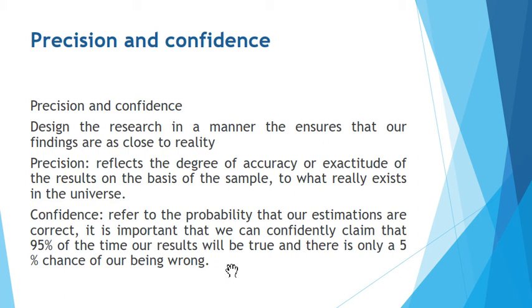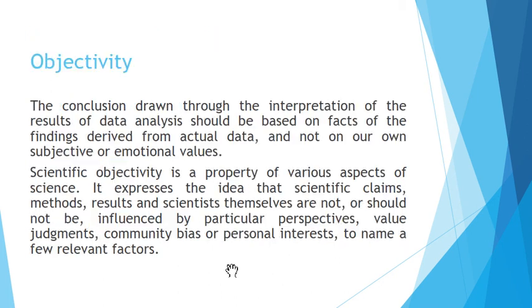After following these tools and techniques, we can confidently claim that 95% of the time our results will be true, and there is only a 5% chance of our being wrong. So class, this is also known as the confidence level.